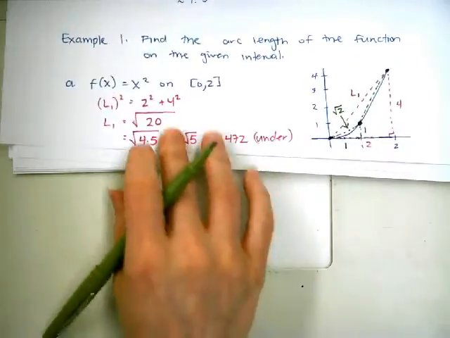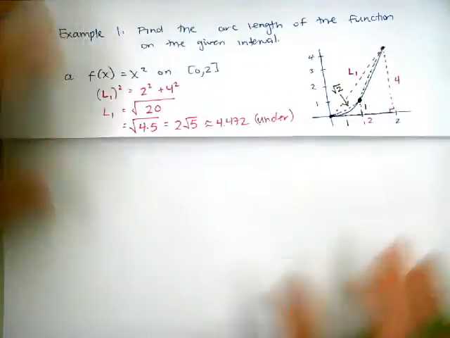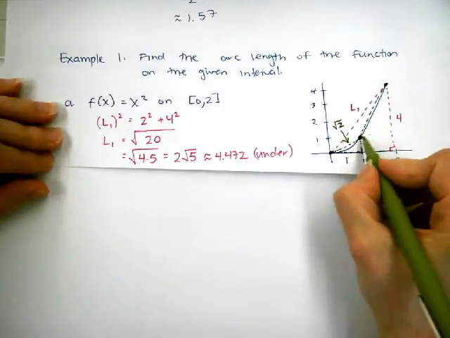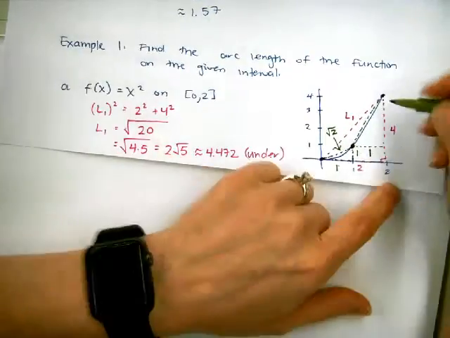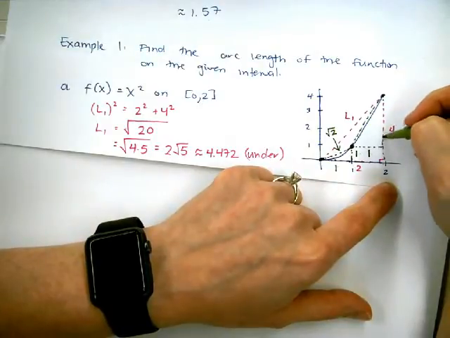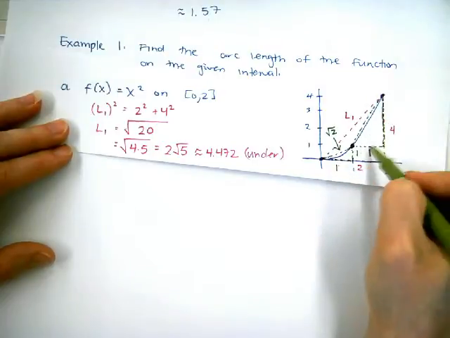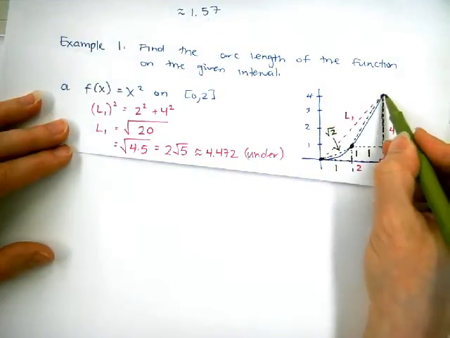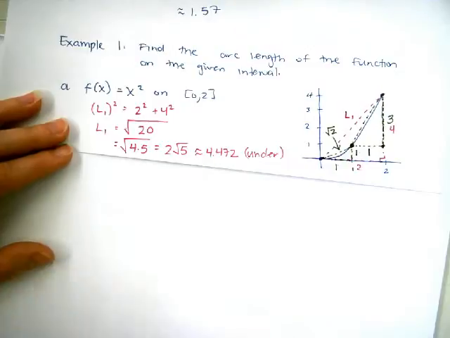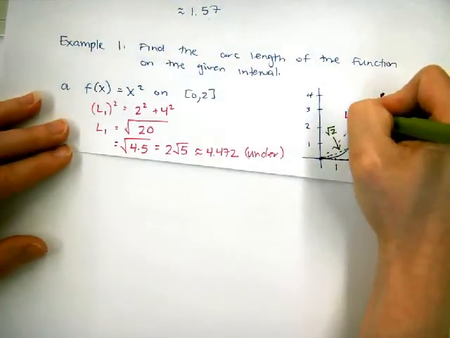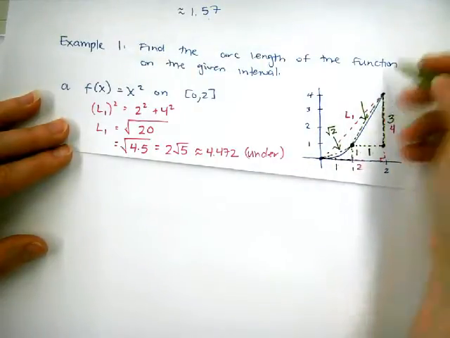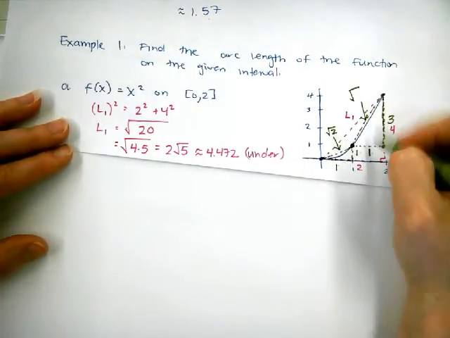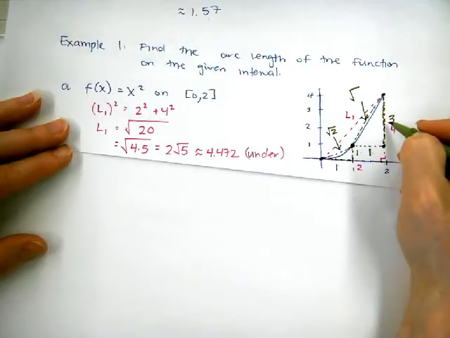This one would end up being, let's see. So notice that this one has a base of 1 also. What's its height? It goes from 1 up to 4. So it has a height of 3. So this arc length, this hypotenuse length, is going to be the square root of 1 squared plus 3 squared, which would be 10.